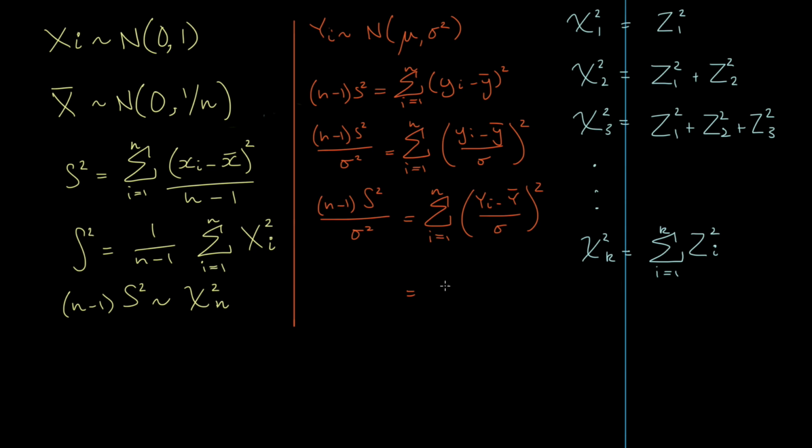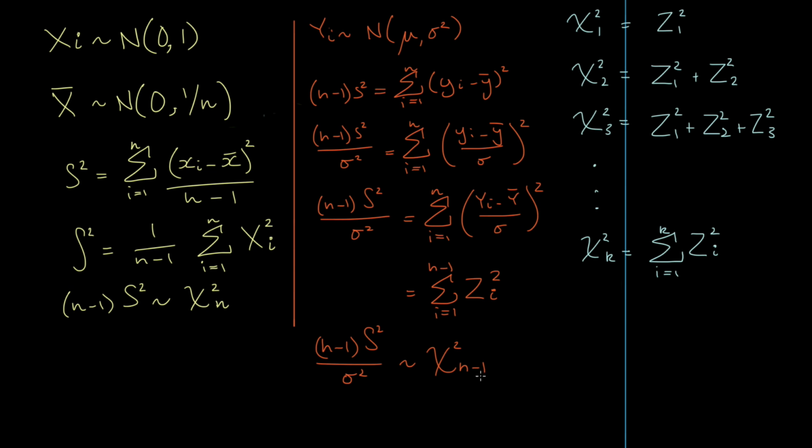And so what we get in the end is a sum from 1 to n minus 1 of a bunch of standard normal distributions. And so now we can say, okay, we had this simple case here where our data was really nice, but in general we can say that n minus 1 times the distribution of our sample variance divided by the true population variance is going to be chi-squared with n minus 1 degrees of freedom.